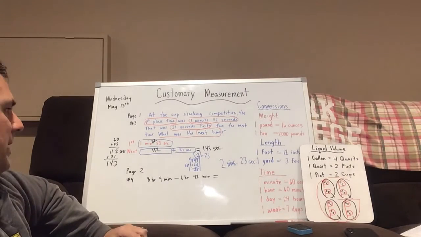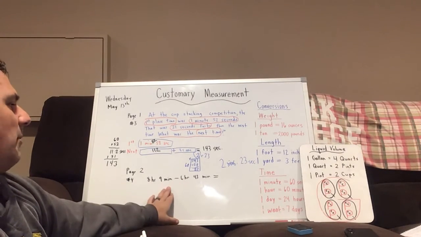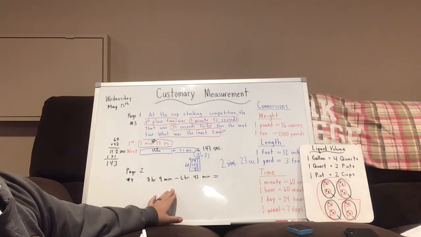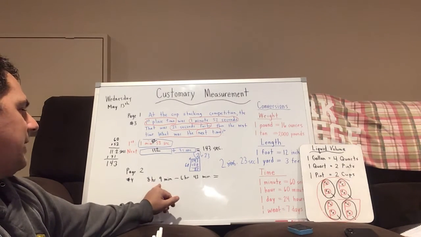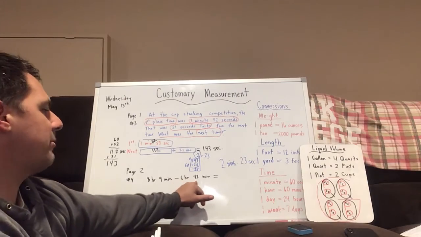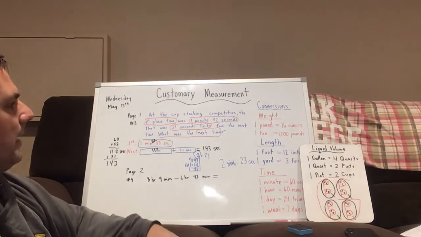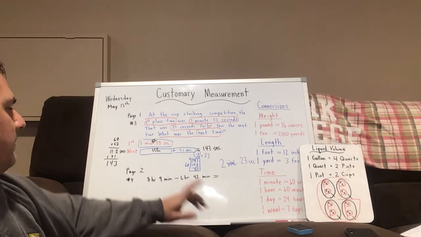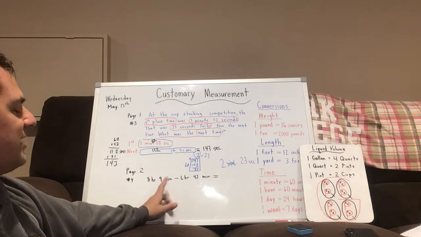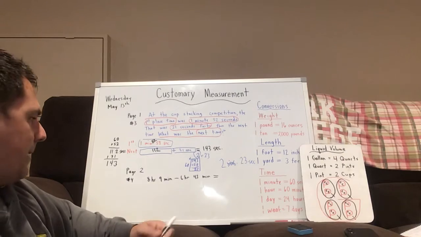All right, the next type of problem you're going to work on is not a word problem, it's just a computation, and we've done several of these before. I'm going to take 8 hours, 9 minutes, and subtract 6 hours, 42 minutes. Because I have two different units, I'm going to convert both of these just into minutes, and then I'll subtract them.